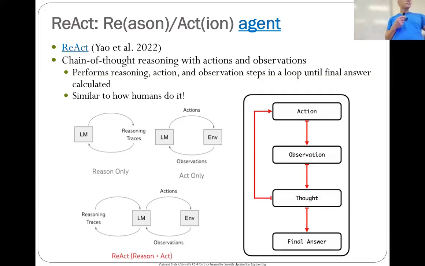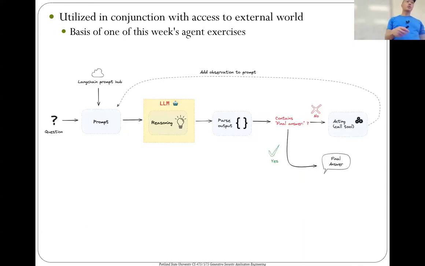Okay, this agent is typically used in conjunction with tools that access the external world. So this is a little bit more of a detailed figure. You get the prompt from the user. The LLM does a reasoning about it. It parses what the next thing to do is from this output. If the output says, I know the final answer, I just emit it.